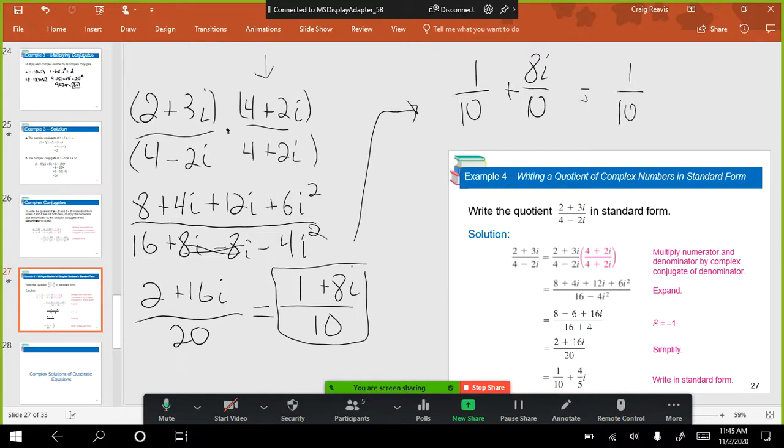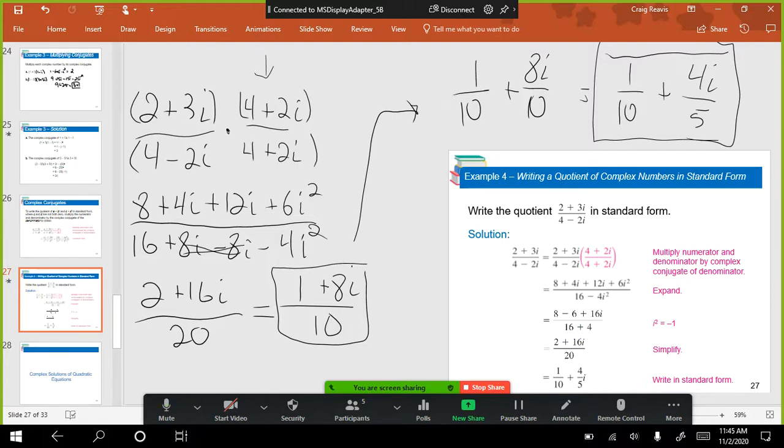So you can separate that, I guess this is more correct as far as imaginary or complex numbers, because 1/10 is the real part. And now that simplifies to 4i over 5 is the imaginary part. So really, when we're dealing with complex numbers, it's better to go ahead and separate them. And I could have done that right there, 2 over 20 plus 16 over 20, and just simplified it once.